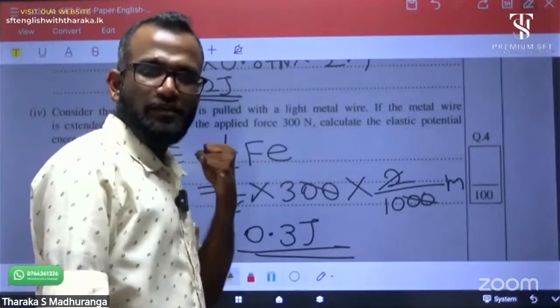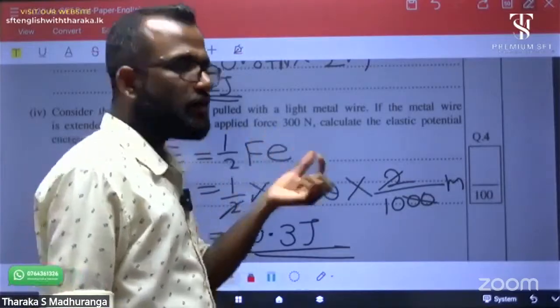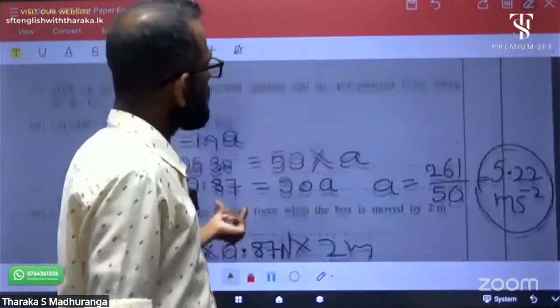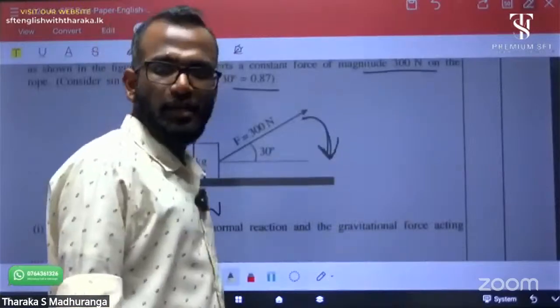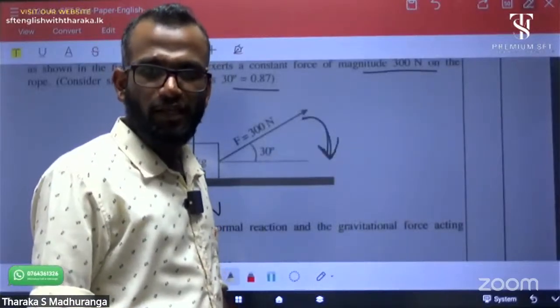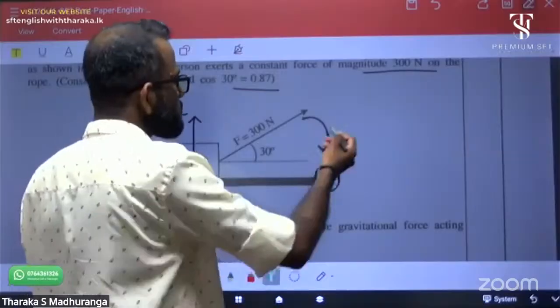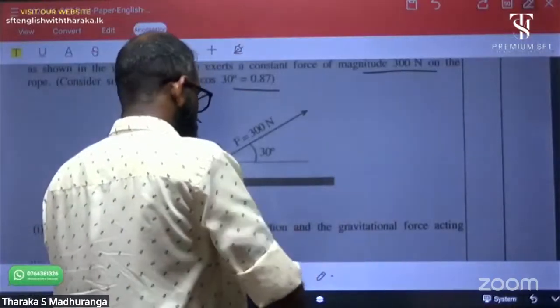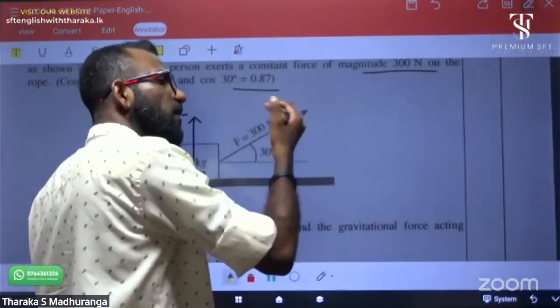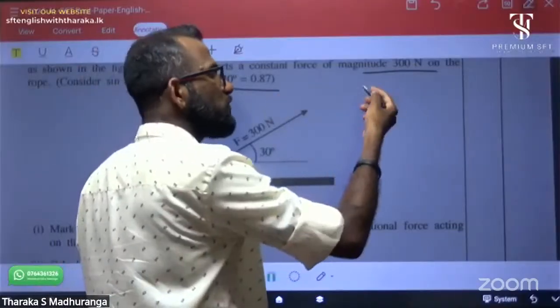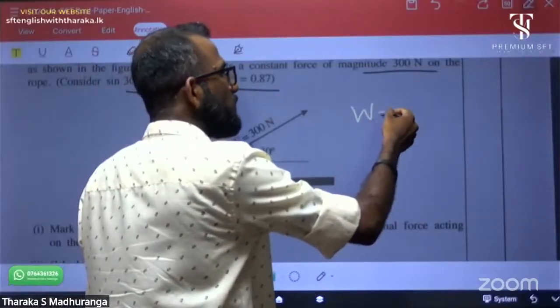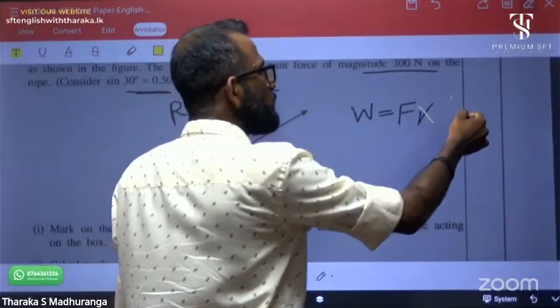Why don't we use cos 30 here? In the work equation, why do we use it? Because work equals force into displacement in the force direction.